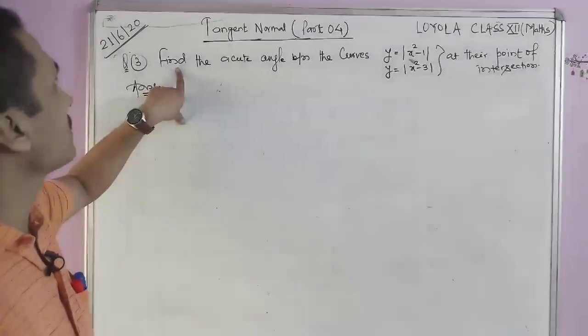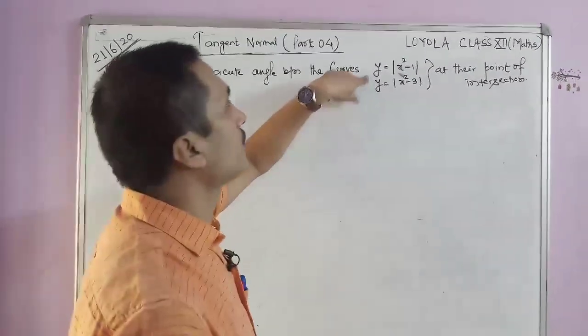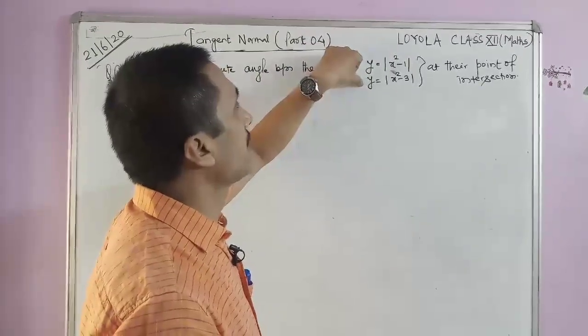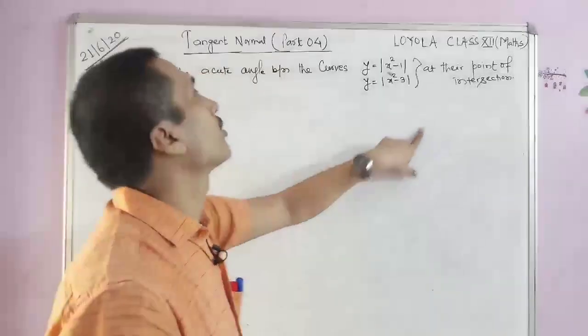The next one is: find the acute angle between the curves y equal to modulus of x square minus 1 and the second curve y equal to modulus of x square minus 3 at their point of intersection.